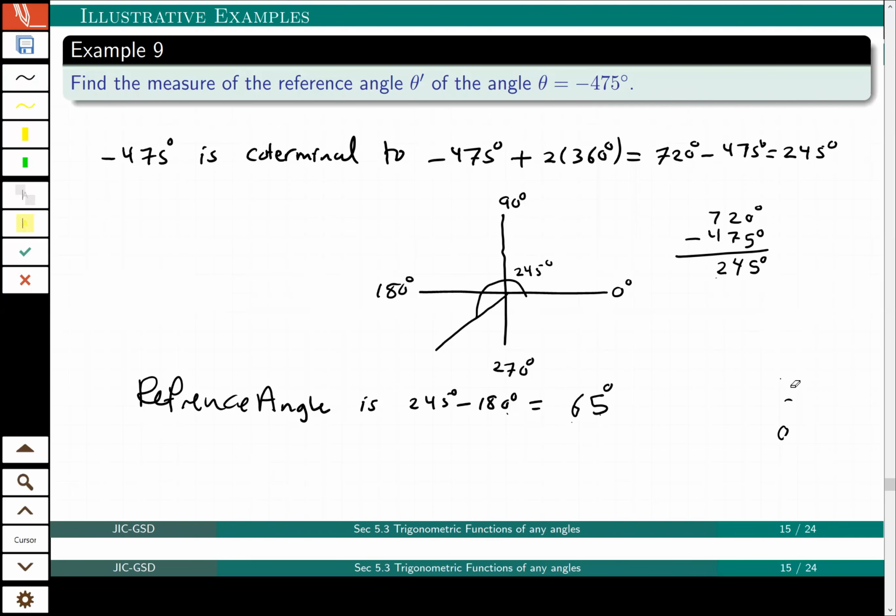We have 245 degrees minus 180 degrees. 5 minus 0, it's 5. 14 minus 8 is 6. Okay, so that's true. So 5 plus 5, it's 10, so it's 0. And 6 plus 4, it's 10 plus 1.